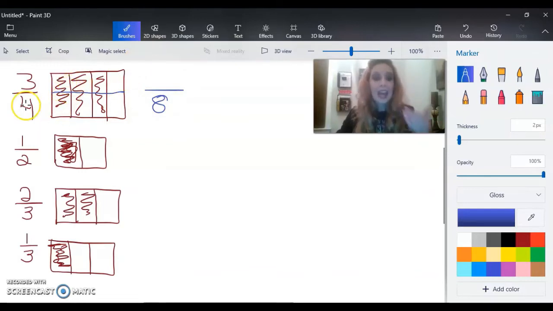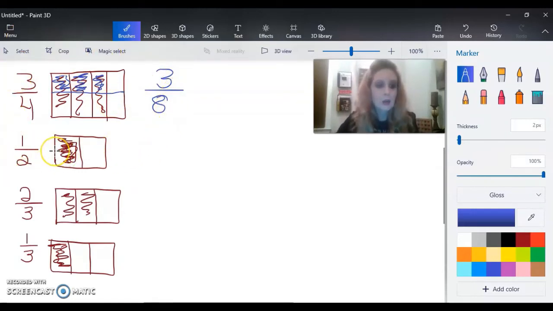When I am taking half of 3/4, I am only concerned with the part colored in, the numerator. I need half of the part colored in. So the parts colored in, I now have 1, 2, 3, 4, 5, 6. I need half of that, so that would be these 3 up here. So half of 3/4 would be 3/8.